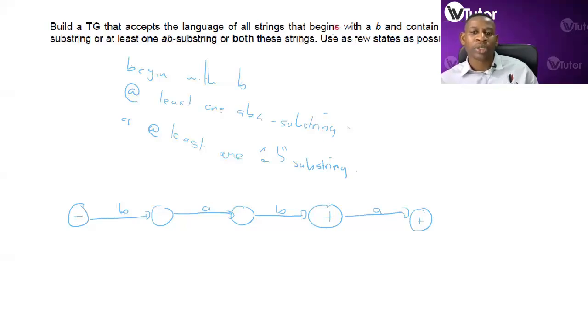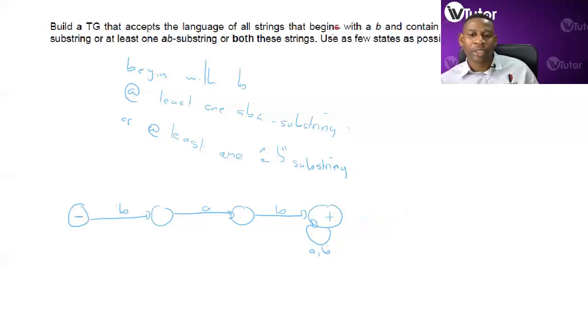That is a general way of doing it. Otherwise, once you have gotten AB, you could have an A or B over here, and that would still be accepted.